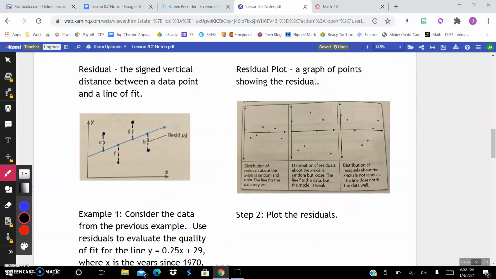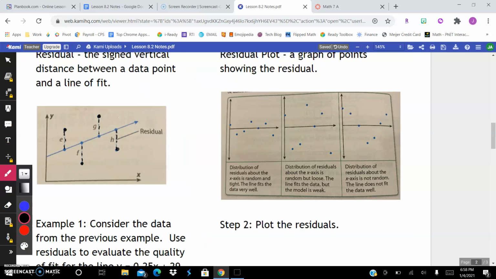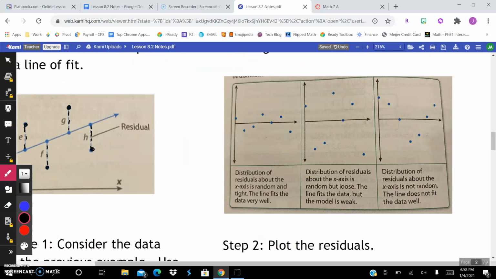And then over here we have the residual plot. Once we graph our residual numbers, if they're all close to the x-axis, pretty close to it, then that fits the data very well.